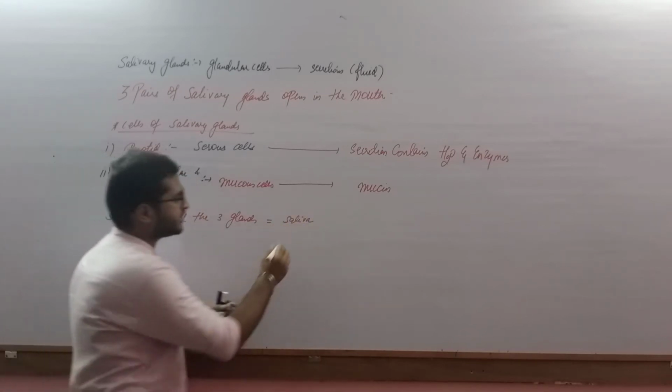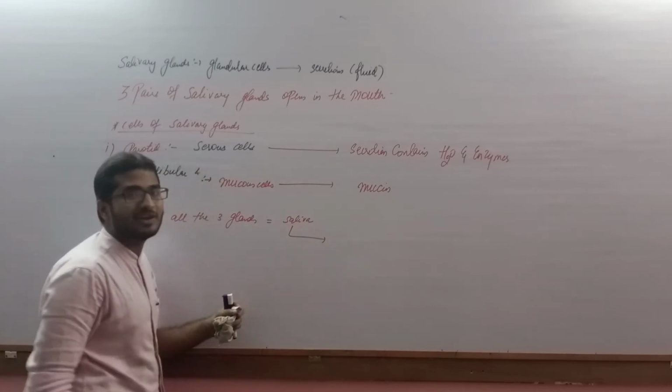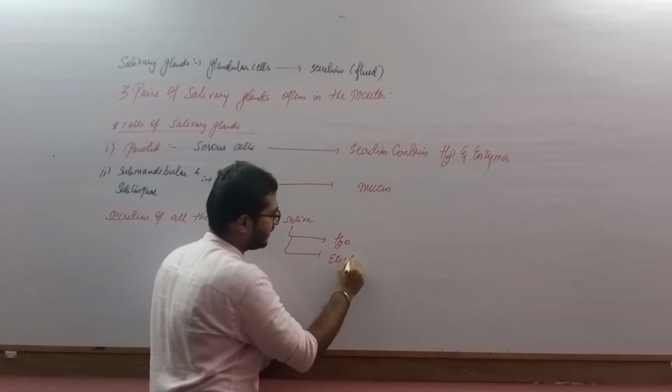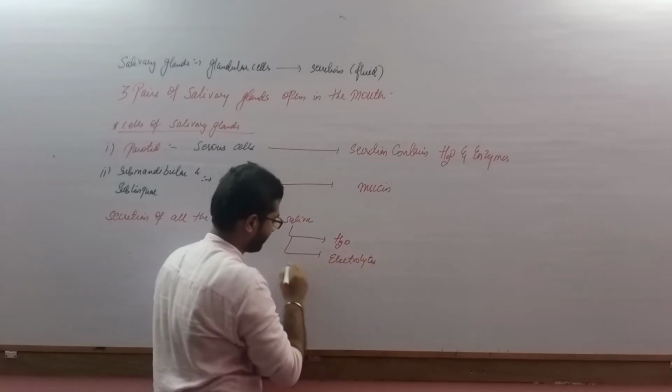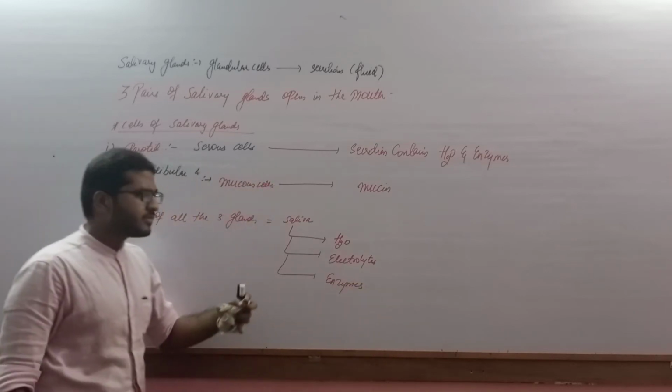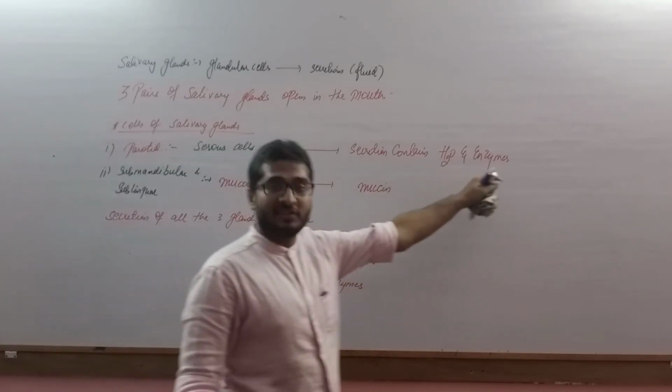Now what is the composition of saliva? The major composition of saliva is water. It contains water, electrolytes, that is the ions, and enzymes. Clear? Water as well as enzymes.